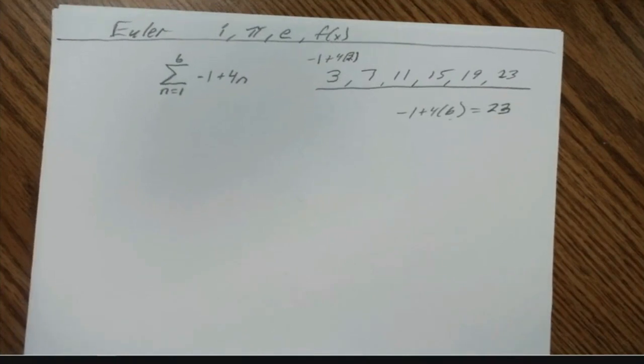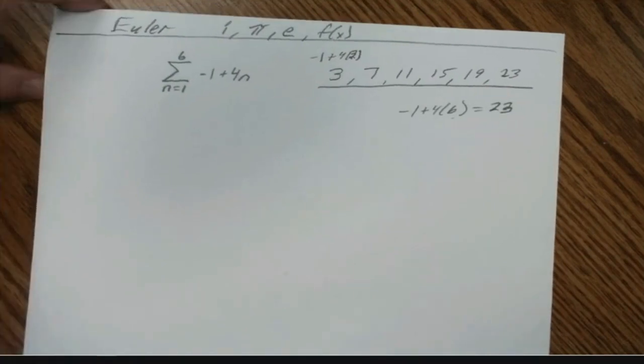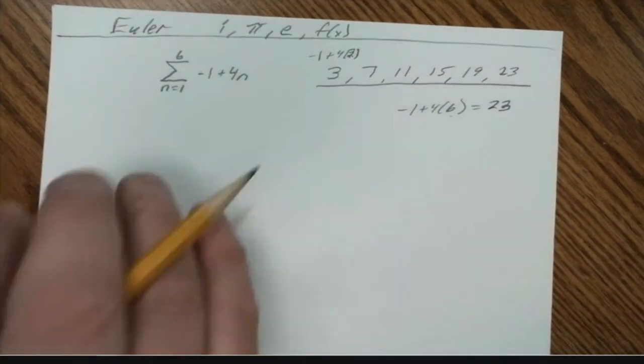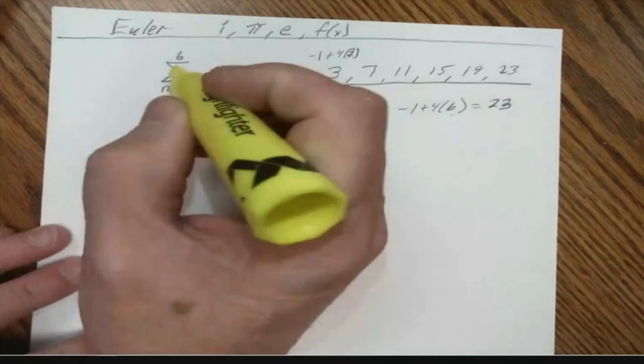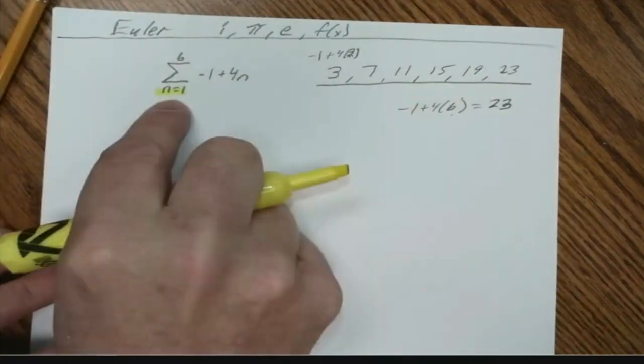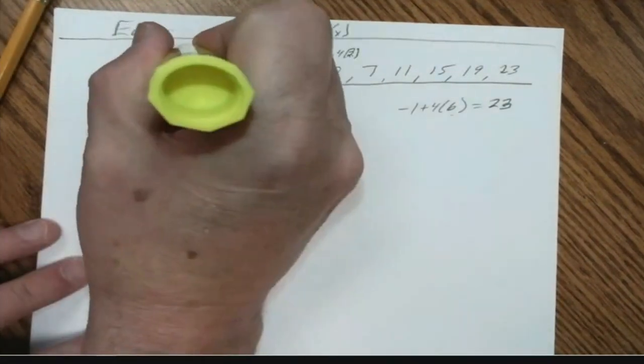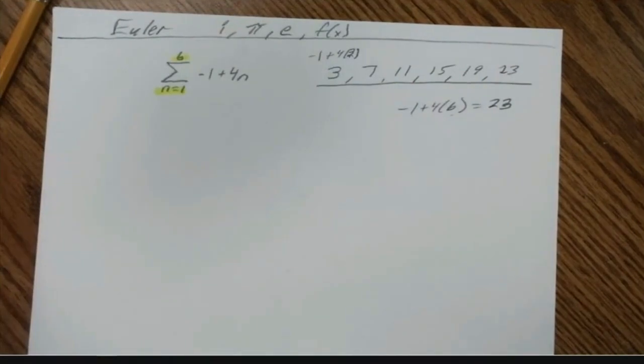So any sequence we have, whether it's arithmetic or geometric, we can write in sigma notation. But the important thing to understand is what these numbers mean. That means it starts with the first term and ends with the 6th term of this particular sequence that we're looking at.